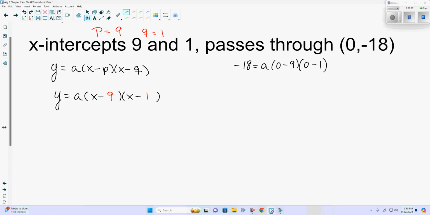And lastly, we're going to plug 0 in for x, negative 18 in for y, and solve. One of the nice things about having 0 for x is 0 minus 9 is negative 9. 0 minus 1 is negative 1. Negative 9 times negative 1 is 9, times a is 9a. And lastly, we would divide both sides by 9, telling us a is negative 2.